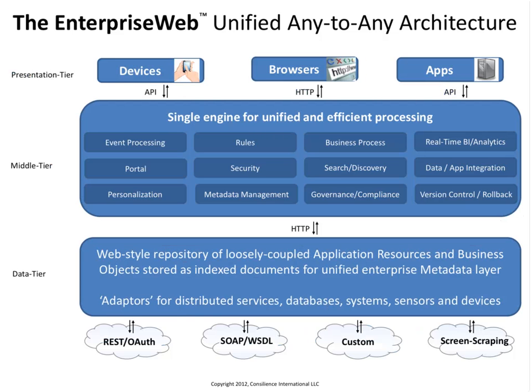We have to be able to take information from any source, store it, and then run processes, events, rules, apply security, provide concepts of portal, all in one thin layer to get the maximum return for that business user.